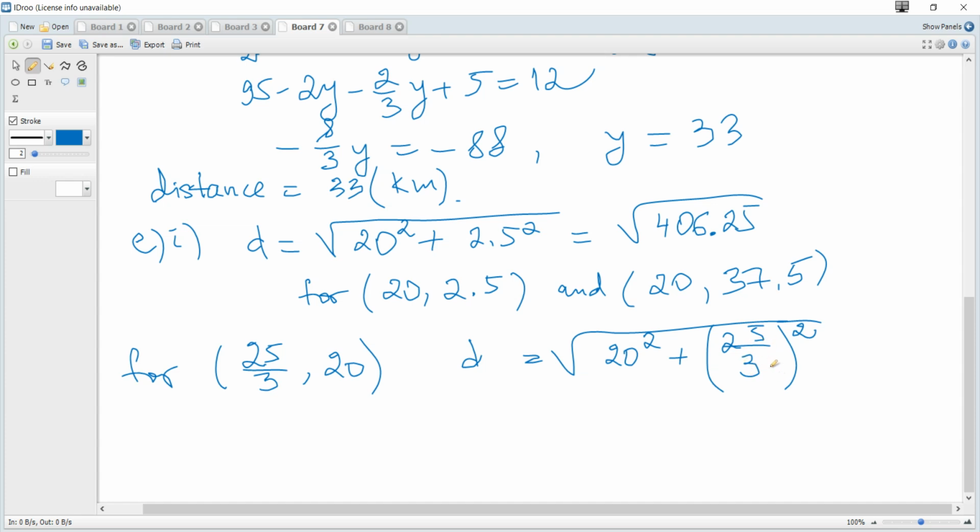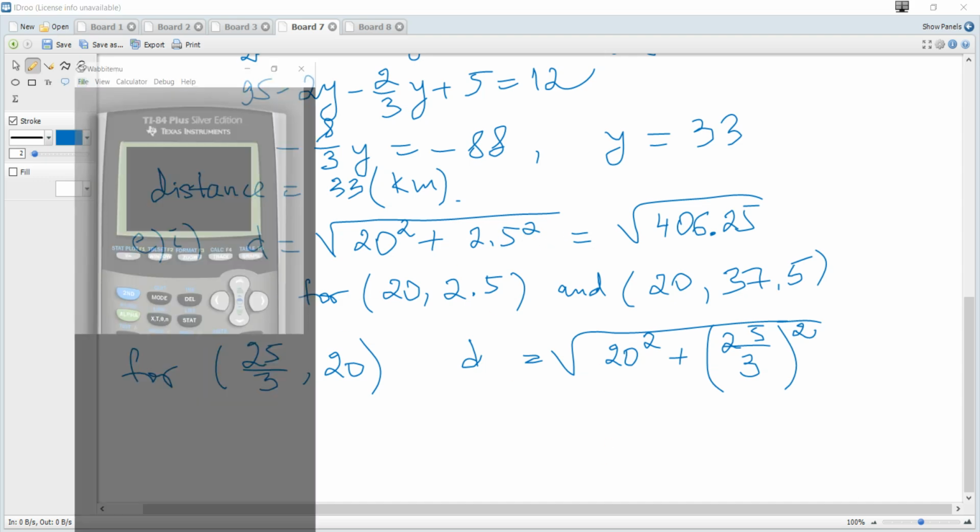Definitely it's 8 point something and it's larger than 2.5, but let's calculate.